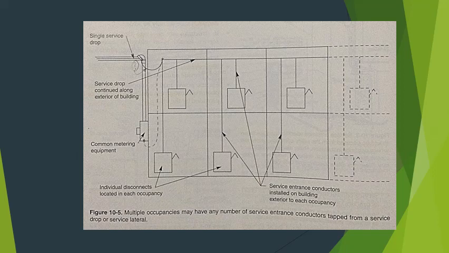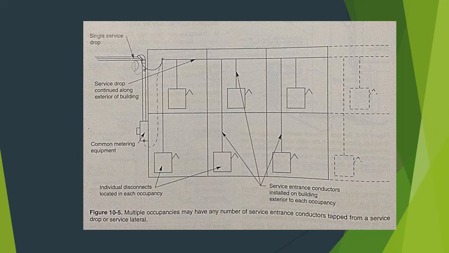Necessary exceptions include multiple occupancies, such as two-family homes, apartment buildings, and commercial establishments with several offices or stores. These occupancies may have any number of service entrance sets tapped from a single service supply.